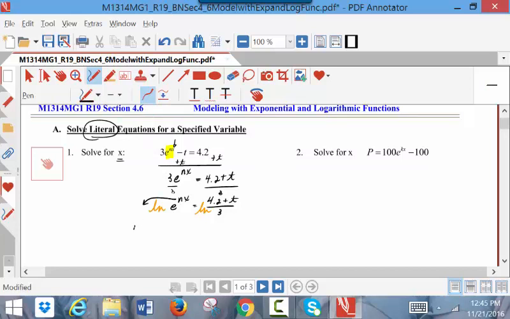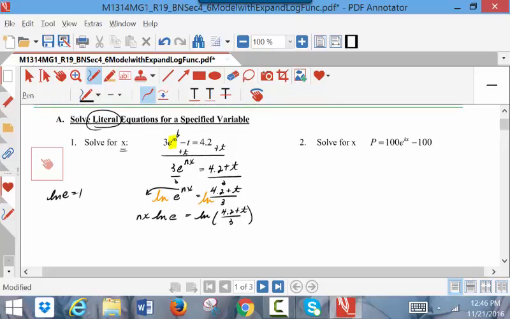So this becomes nx, natural log of e, equaling the natural log of all this stuff, and we would normally put all of this in parentheses once we use the natural log with it. Well, remember the natural log of e equals 1. So really all we have is nx equaling the natural log of all that stuff in the parentheses.